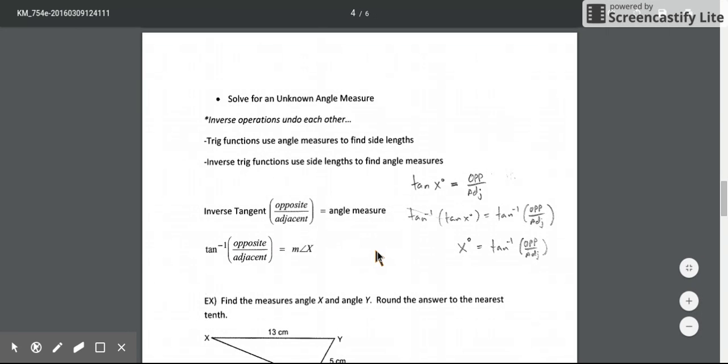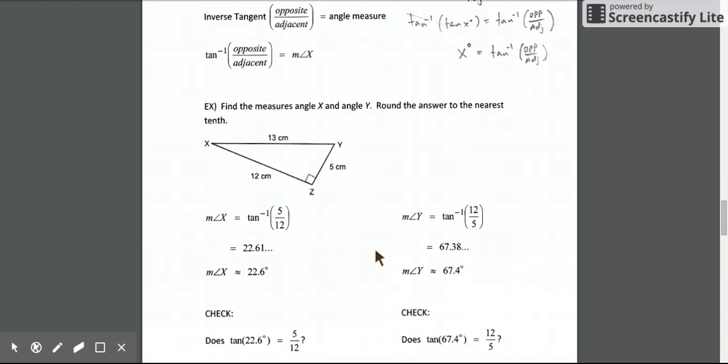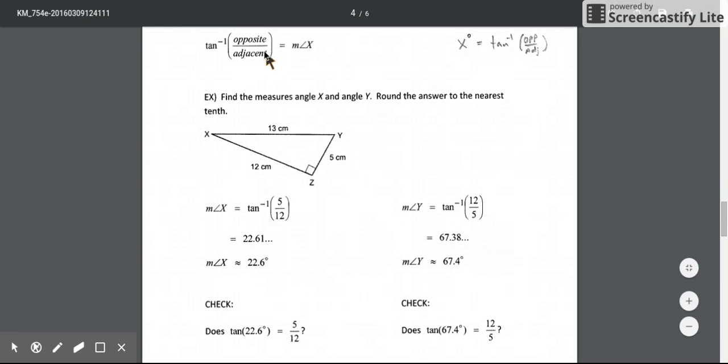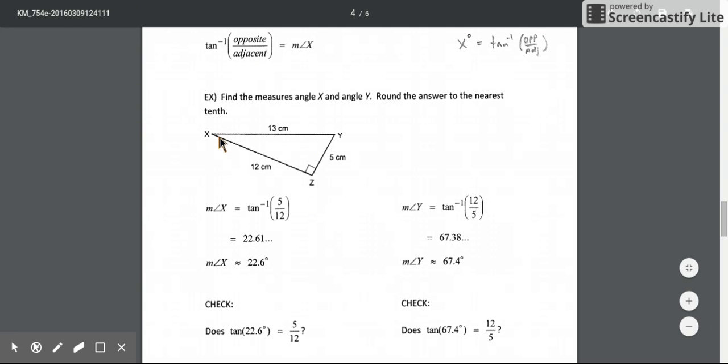So really, to find angle measurements, it's almost purely done on a calculator. As long as we can set up our ratio, comparing the opposite to the adjacent side, then we just got to press the inverse tangent button on our calculator and it gives us our angle measure. So for example, I want to find the measurement of angle X here. Well, the opposite side length is 5.